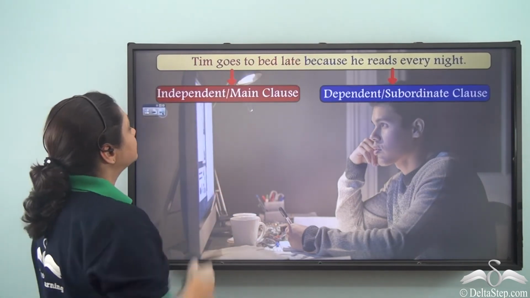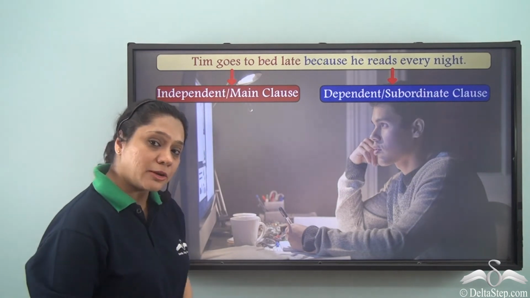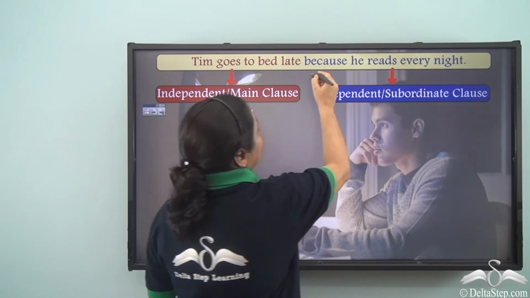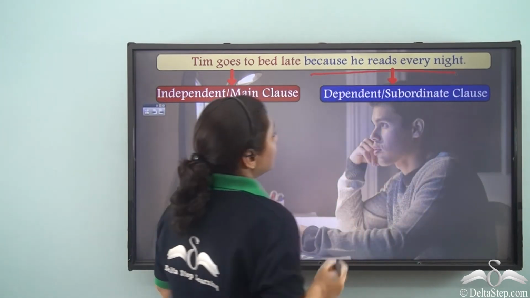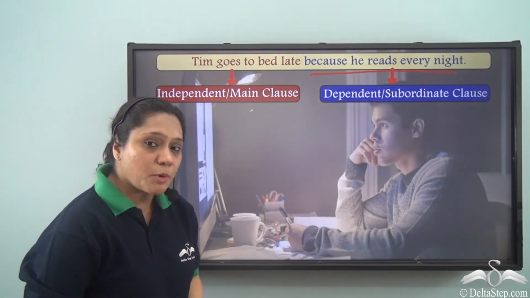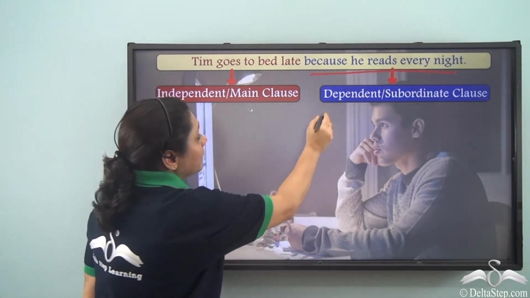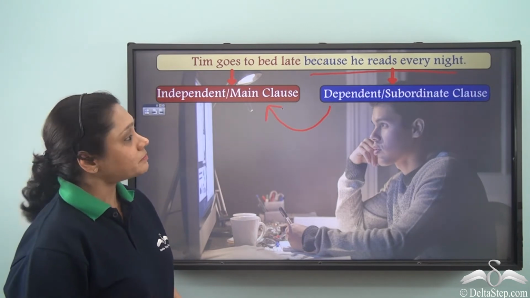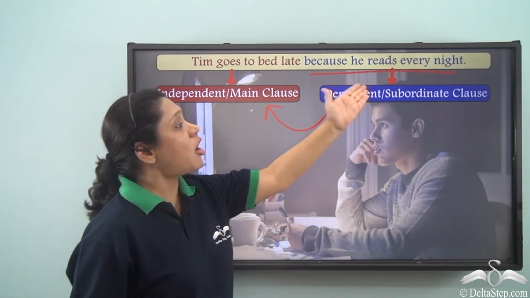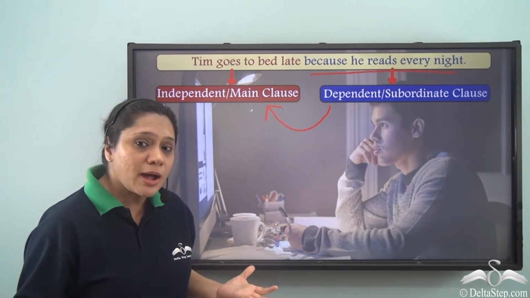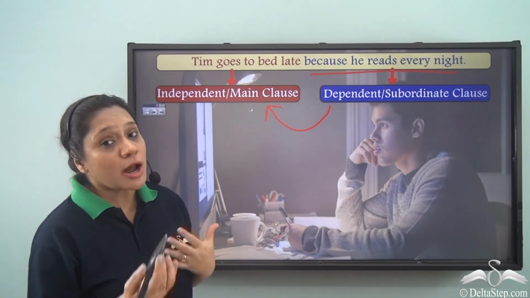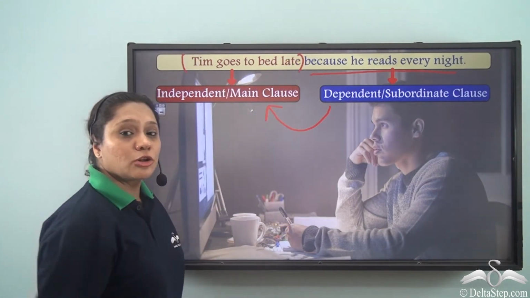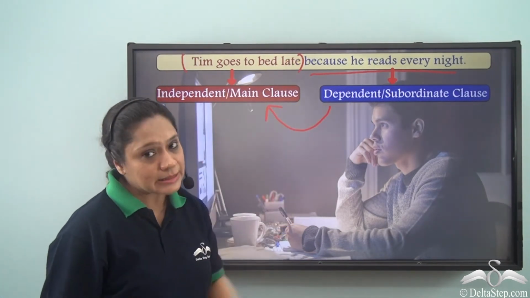So, this is an independent or a main clause, whereas the second half of the sentence, because he reads every night, is the dependent or a subordinate clause because it depends on the main clause to complete its sense. If we just say, because he reads every night, it does not make any sense. It is not complete. So we need an independent or a main clause to make its sense complete.